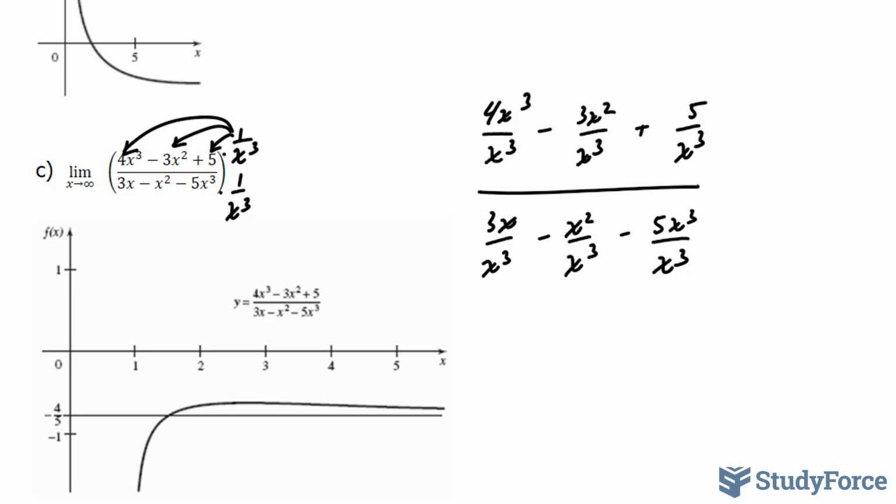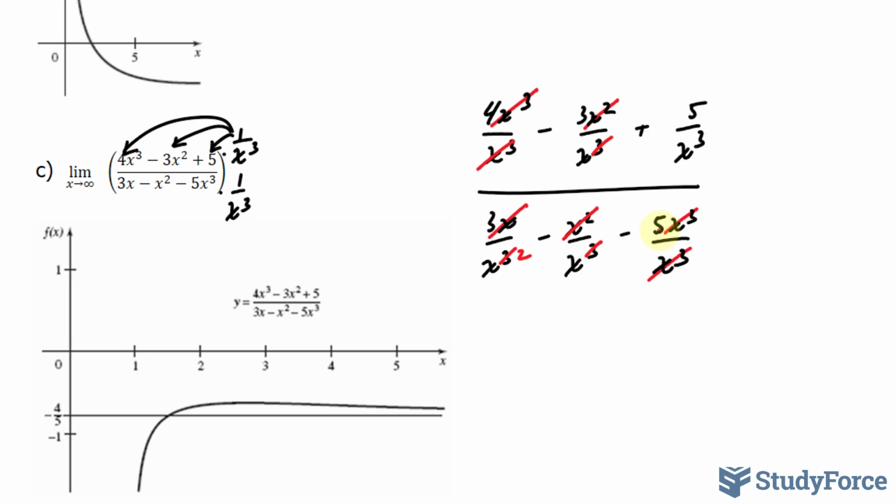What's evident now is that this x to the power of 3 and this one can cancel out, and so can these. X to the power of 2 can cancel out, and you end up with x at the bottom. This remains the way it is. This cancels out with one of these x's. Two of these x's cancel out with 2 at the bottom, leaving you with 1 over x minus 5.